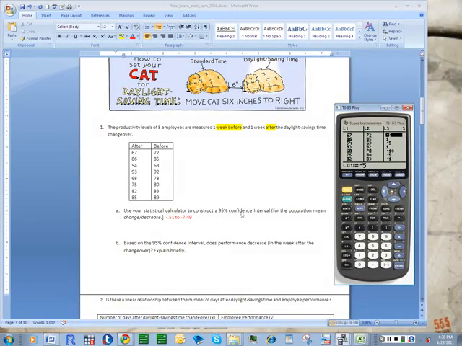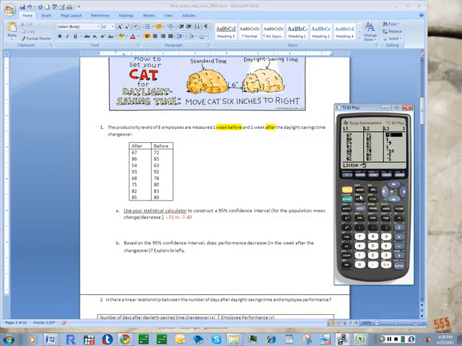Yeah, there we go. So in week 1, before it was 72, after it was 67, so there was a decrease of 5. I'm going to see if it's decreased really down here.